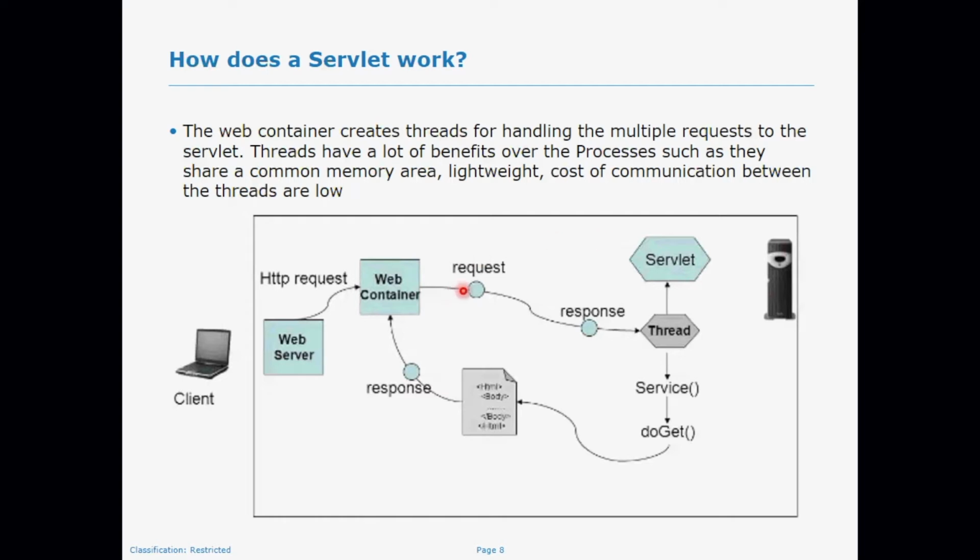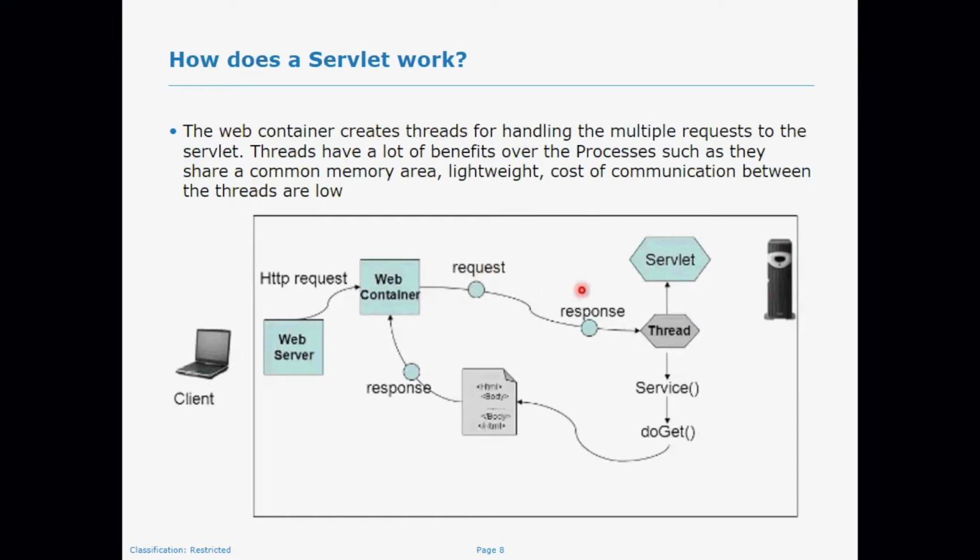Just understand the flow here, because we are going to look into this by writing a program, and then it will be more clear. The web container, which has your Java Enterprise Edition libraries, creates your request and response objects and feeds them to your servlet.